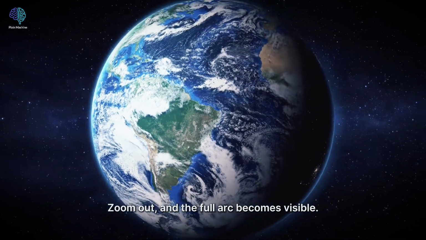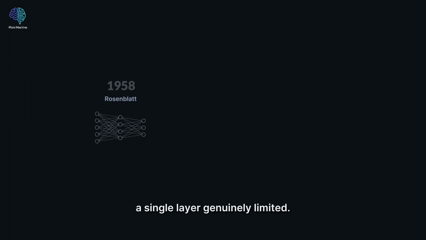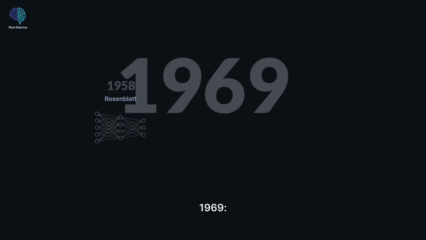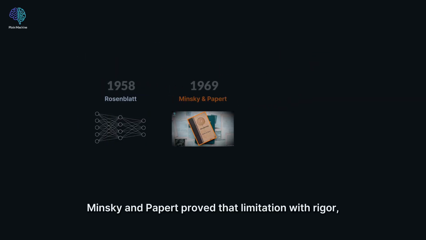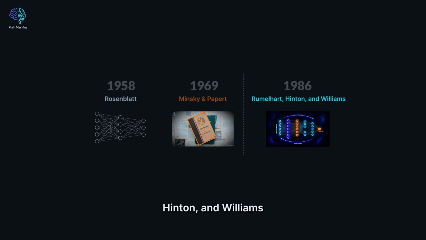Zoom out, and the full arc becomes visible. 1958, Rosenblatt's Perceptron, a single layer, genuinely limited. 1969, Minsky and Papert prove that limitation with rigor, and the field reads it as a verdict on the whole idea. 17 years of near silence. 1986, Rumelhart, Hinton, and Williams showed that the limitation was local to one layer and hand the field a precise, efficient way to train as many layers as you want.